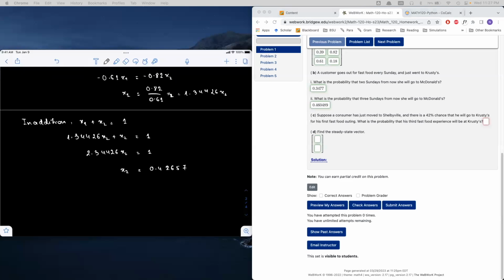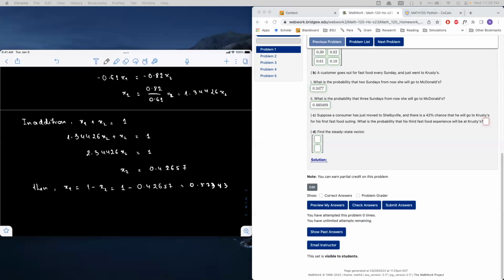Okay. Now you get x2, you're going to calculate x1. Either you can substitute into these equations, or you substitute back into this and get the value of x1. Right? So you have that x1 is equal to 1 minus x2, or 1 minus 0.42657, or this is equal to 0.57343.